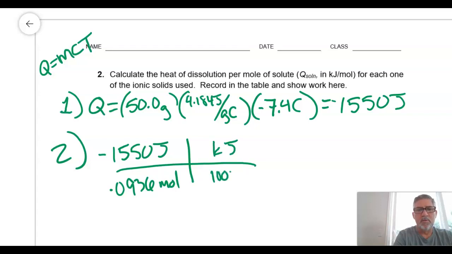There's 1,000 joules in a kilojoule, so I can get rid of this 1,000 and just move my decimal point right there. When I do this, I get negative 16.6 kilojoules.